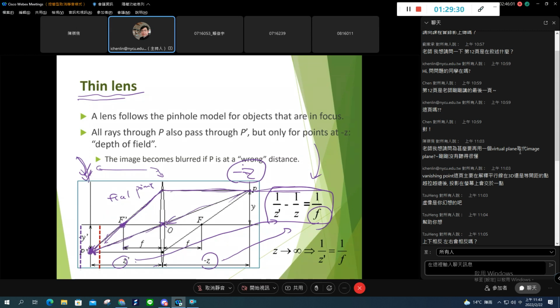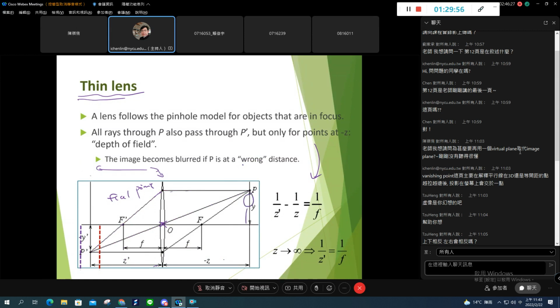That is why sometimes, when you use a camera to capture something, other unfocused points or images will be blurred. Let's take a look at this example. If this is a candle here, the point will converge at the point P here, so we are supposed to put our CMOS here.